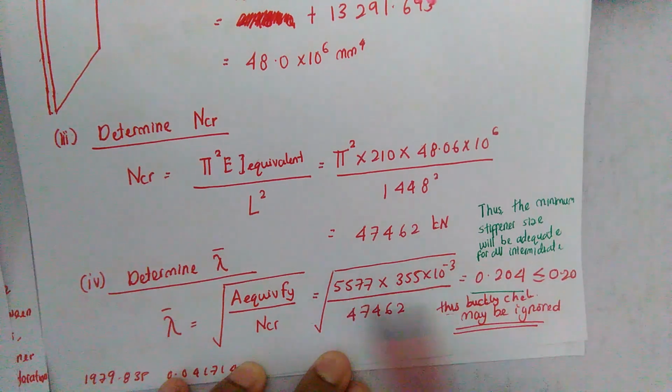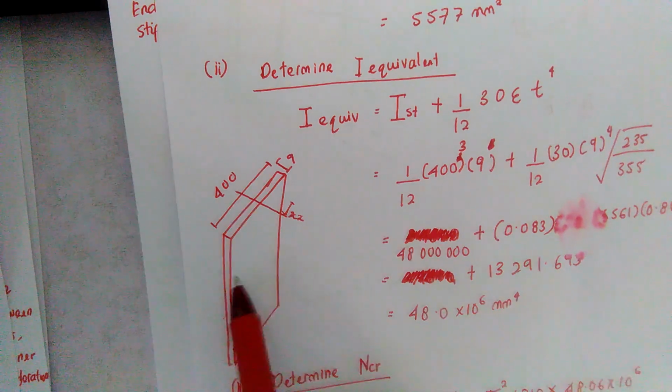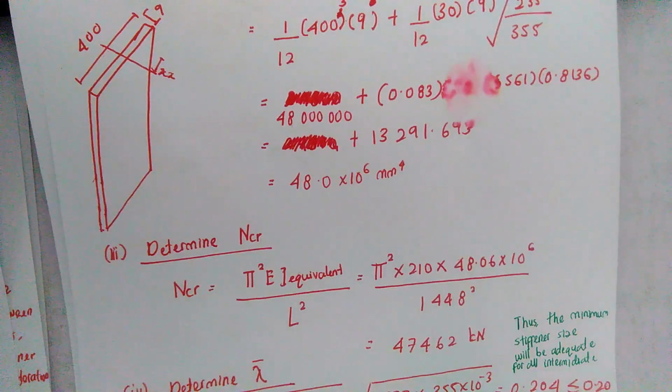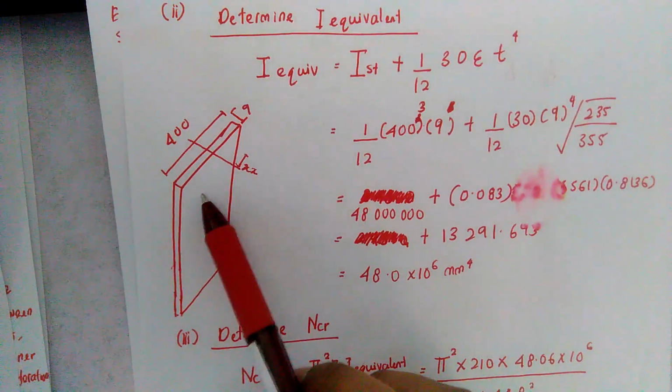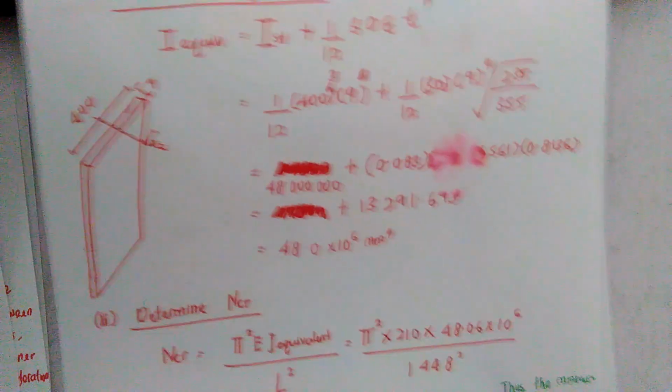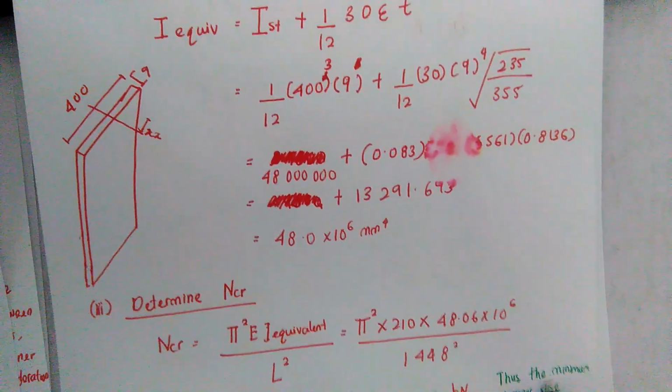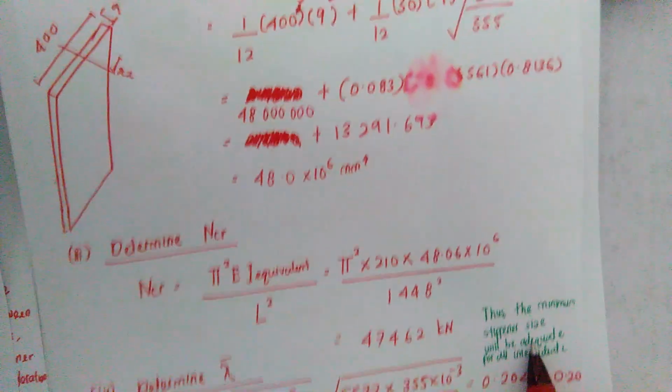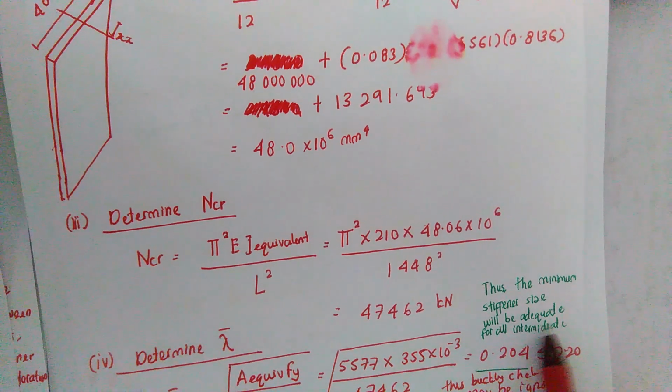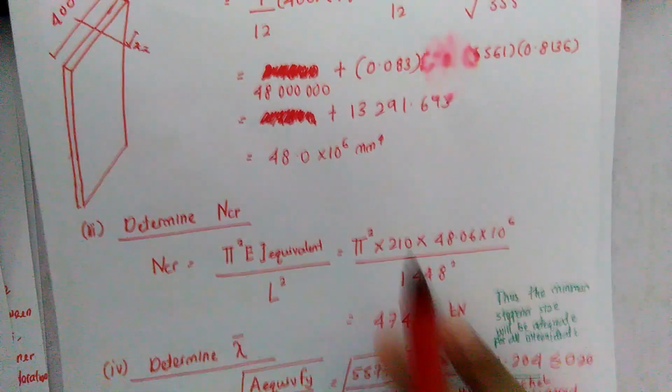Thus, in this particular case, with the minimum stiffener thickness that we have here, we can assume that our buckling is satisfied, because we are choosing the minimum stiffener.